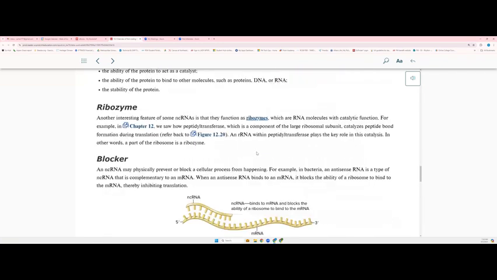Another feature of some non-coding RNA is that it can function as a ribozyme. When I talk about a ribozyme, it means the RNA can work as a catalyst. For example, in the last chapter, when we talked about the translation steps, we discussed a very important catalyst that helps form the chemical bond between neighboring amino acids. This enzyme is called peptidyl transferase.